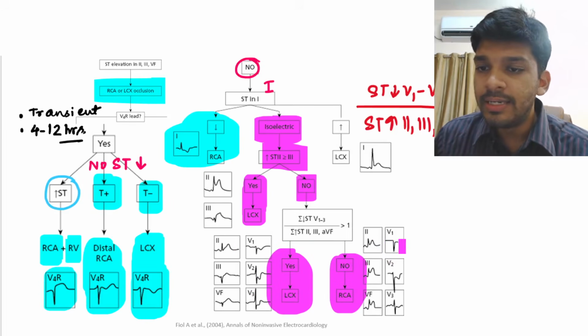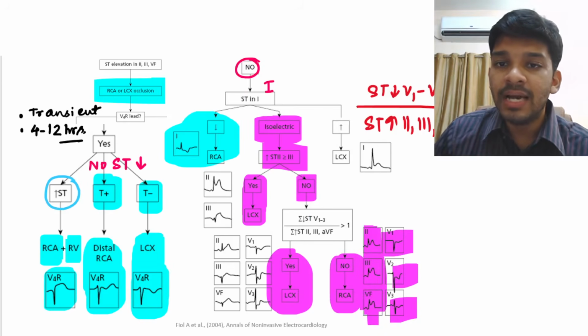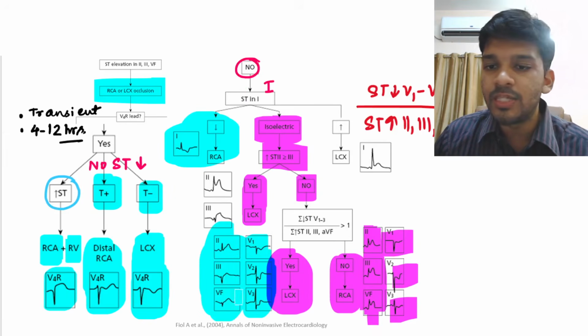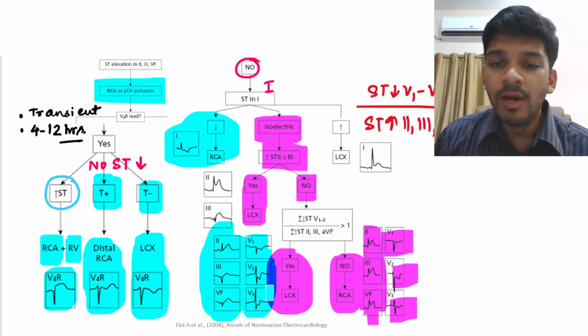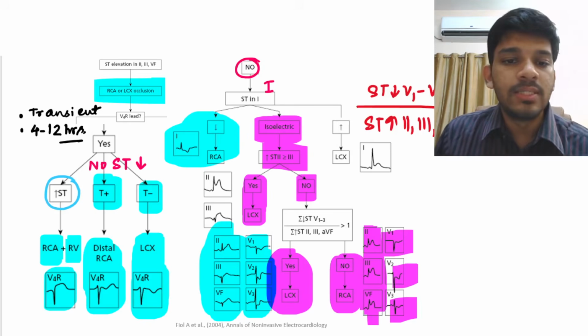You can look here. Here, ST depressions are not so prominent, whereas the ST elevations are very prominent. That is the case of RCA. Whereas, if the ST elevations are not so prominent, but the ST depressions are very prominent, that is the case of LCX. So that is the Fiol algorithm for differentiating between inferior wall MIs, RCA versus LCX occlusion.